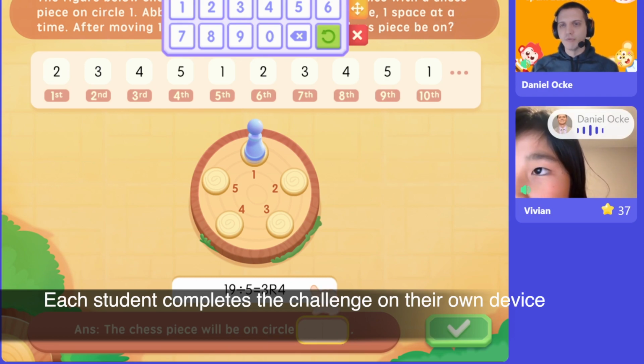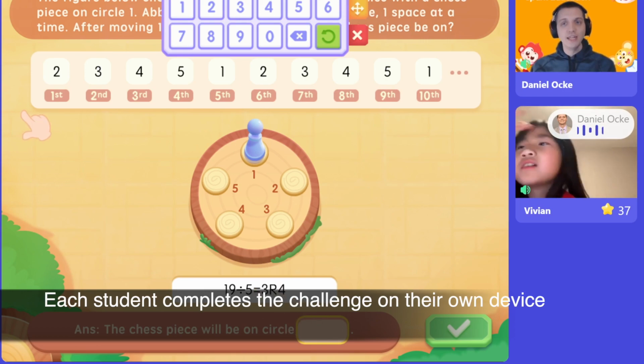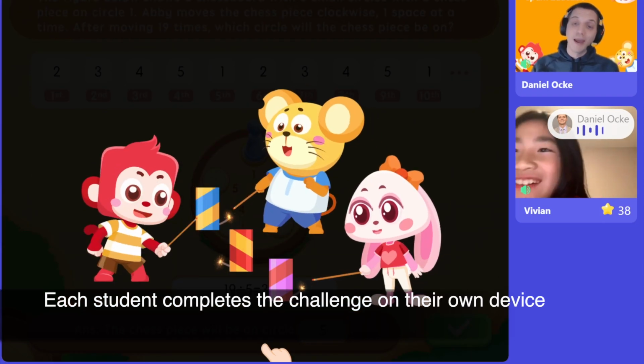Okay, so Vivian, if we have a remainder of 4, that is correct. So we need to look at our pattern that we made up here. What number is the 4th term? Yeah, so remember, the number 4, the remainder, isn't the answer.